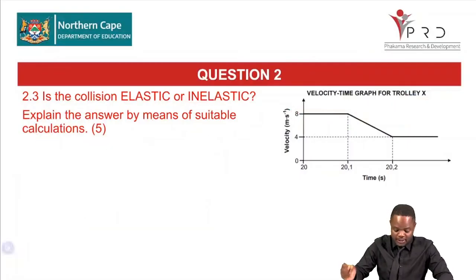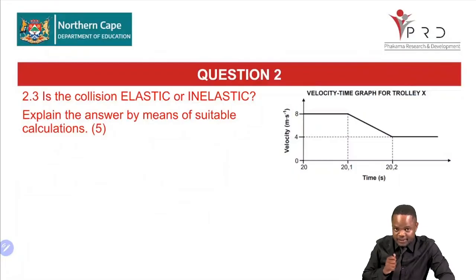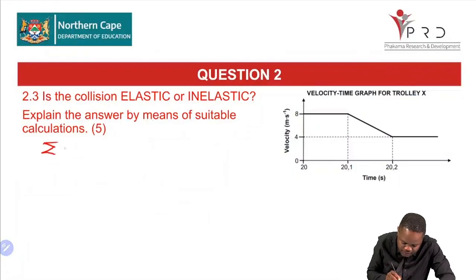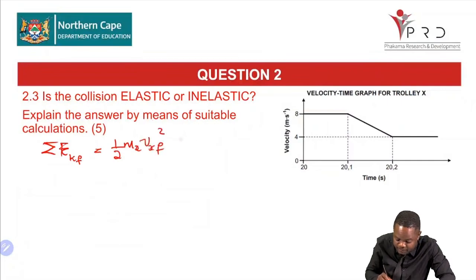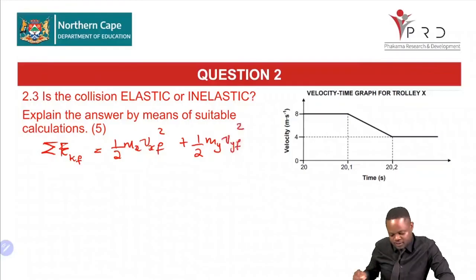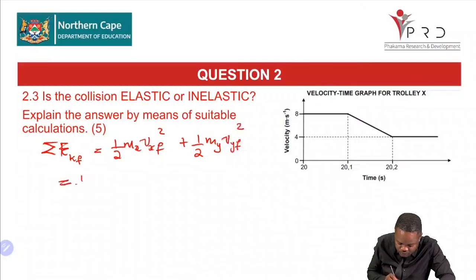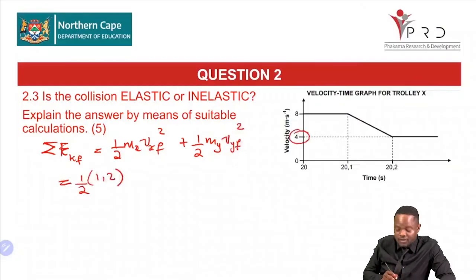Then let's calculate the final kinetic energy. The sum of the final kinetic energy is half m_x, the final velocity of x squared, plus half m_y, the final velocity of y squared. You see that? Then we substitute. What is the mass of x? 1,2. What is the final velocity of x? It is 4.